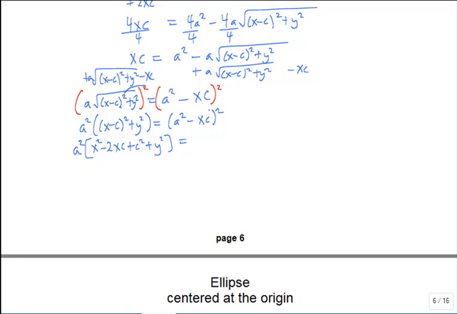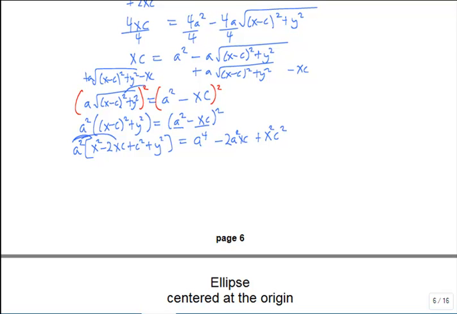On this side, if we FOIL this out, we're going to get a squared times a squared is a to the 4th. We're going to get an xc times an xc, which is an x squared c squared, and that'll be positive. And in the middle, we'll get an a squared times an xc, but we'll get 2 of them. So we'll have a minus 2a squared xc.